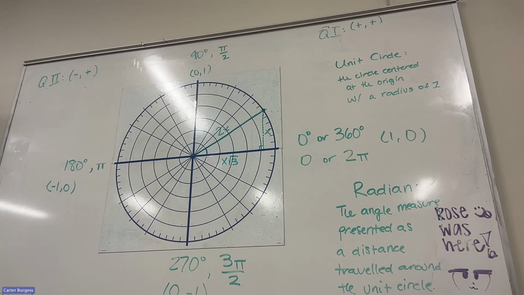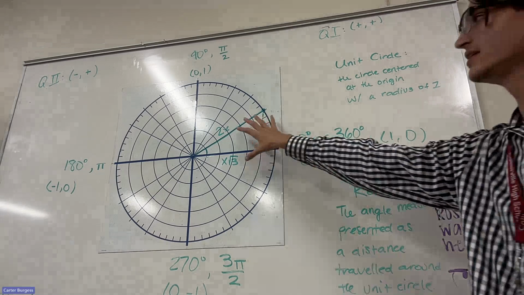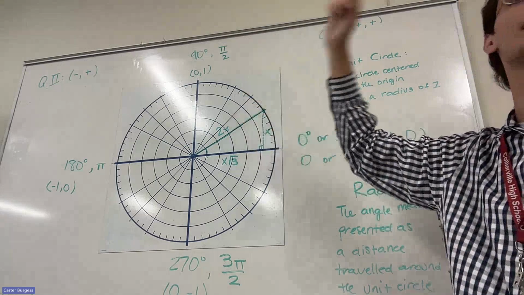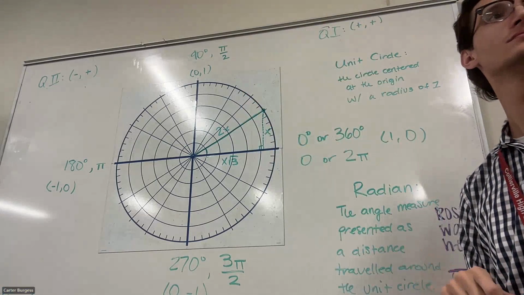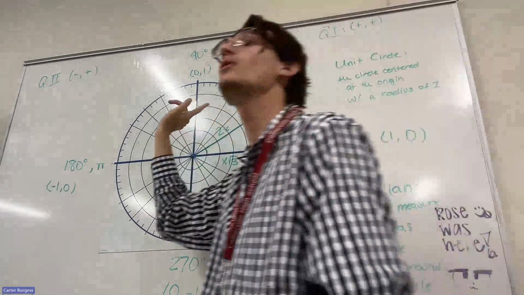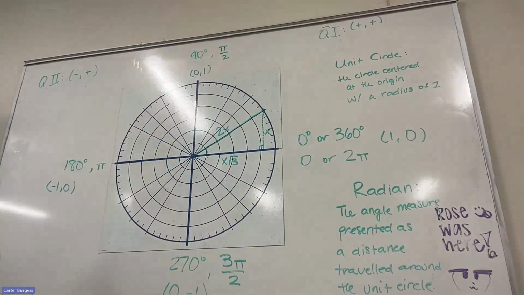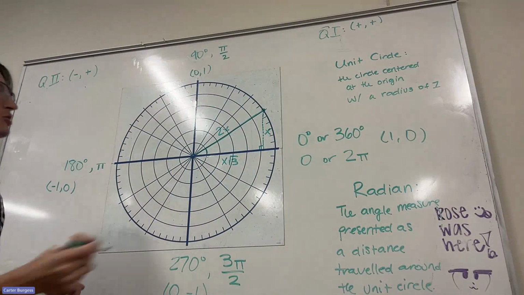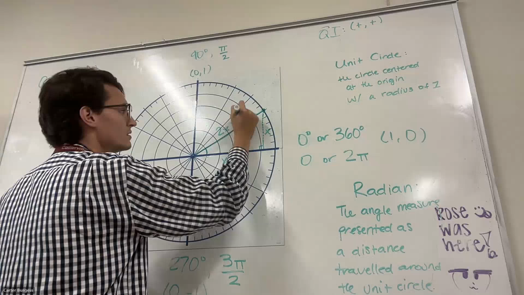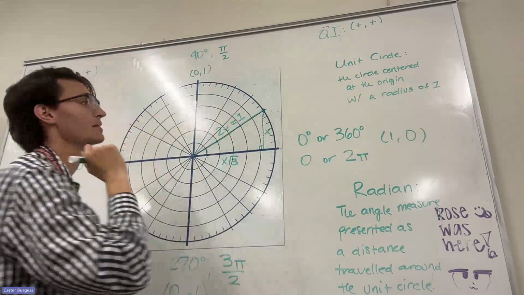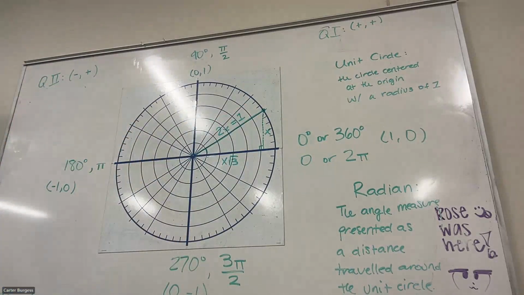So what feature of my triangle here is equivalent to the radius of my unit circle? It's the hypotenuse, right? This 2x value is the same as the radius. And on my unit circle, what is my radius? That's always just going to be 1.